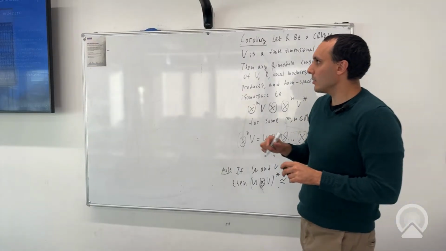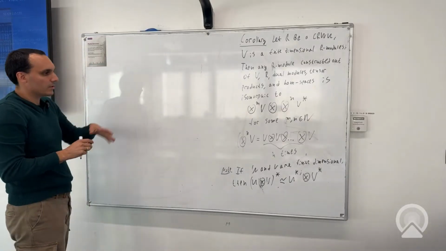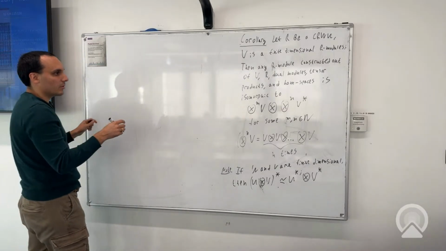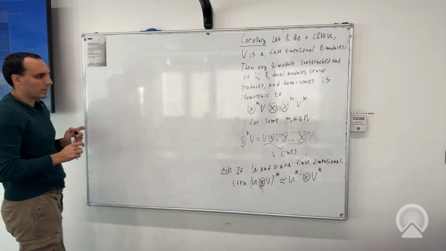Okay, now let's go to direct sums. This is usually easier, but I wanted to do the multiplicative part first, and now I do direct sums. Why do I need direct sums?